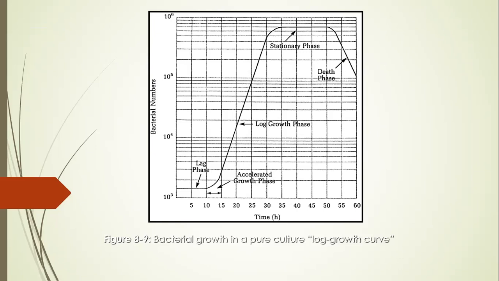It will go into the log growth phase where the growth is quite rapid, and this is the growth phase that we target in wastewater treatment. Then it will reach a stable situation and start to decay. This is typically the growth curve of any living being, including human beings.